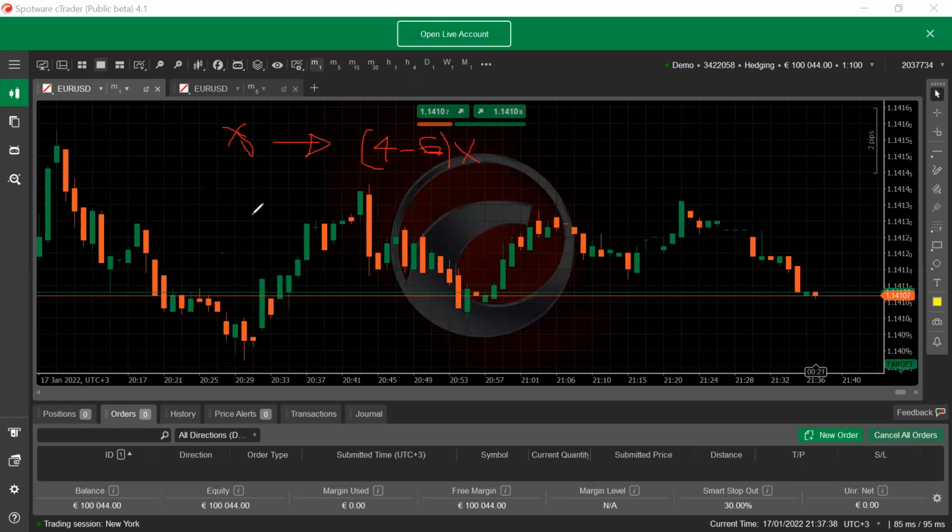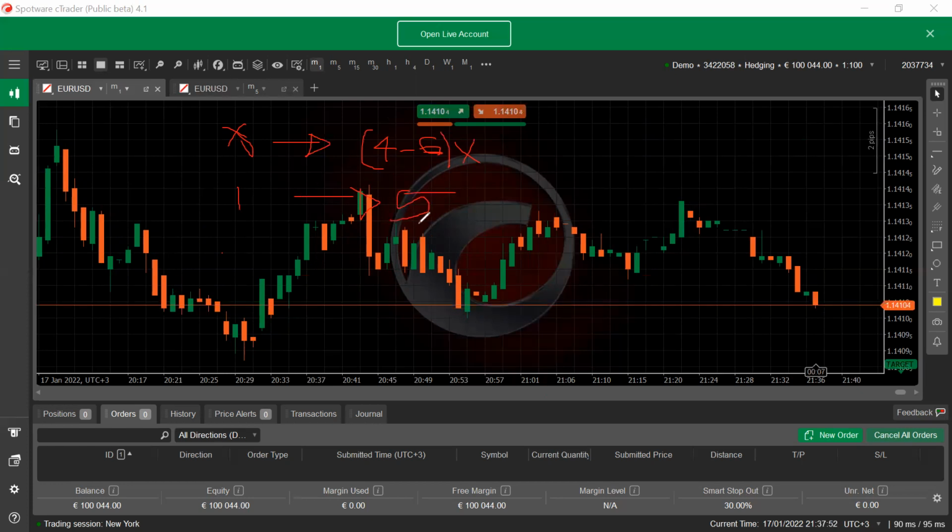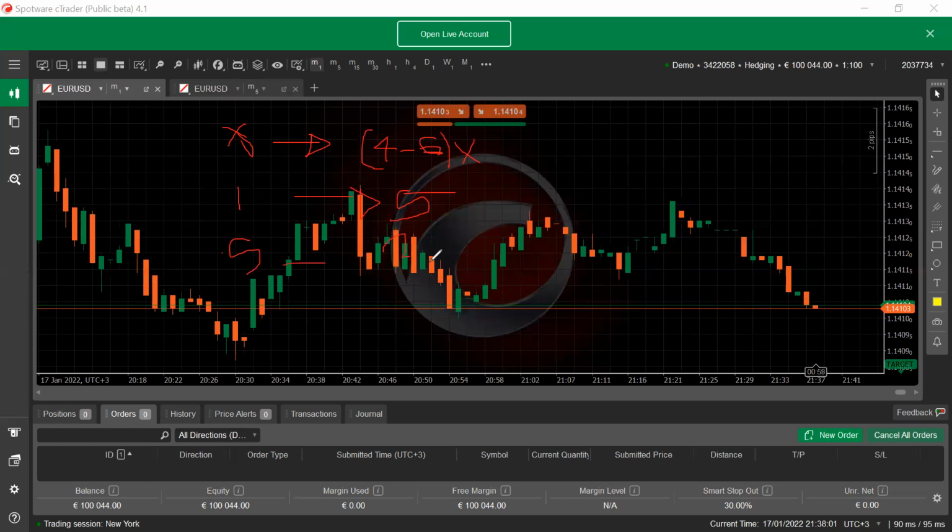What does that mean? It means if this is 1 minute, the least you should use is actually 5 minutes. You should use 5 minutes to guide you to trade the 1 minute. If you're going to trade the 5 minutes, 5 times 6, you use the 30 minutes to guide you. If you're going to trade the 1 hour, you use the 4 hours.